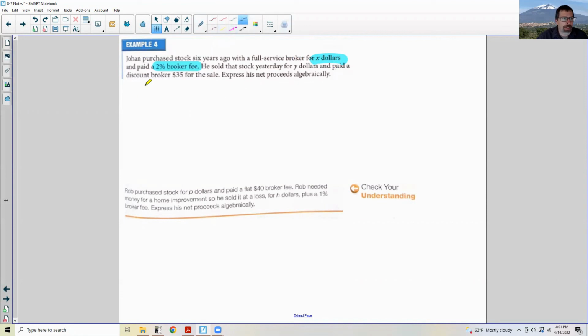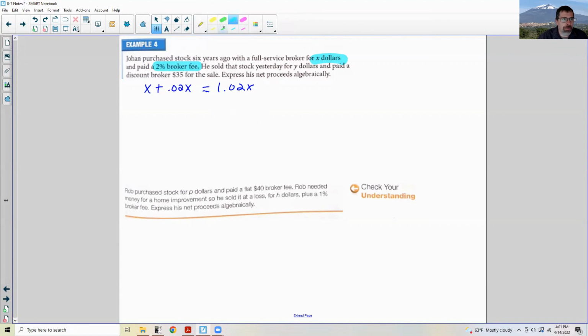So if he bought a stock for X dollars, he's going to pay 2% on that, which is 0.02 of that amount. Okay, so X plus 0.02X equals 1.02X. Okay, so either way you look at it, that's what it equals.